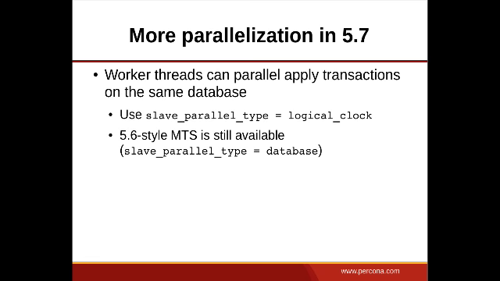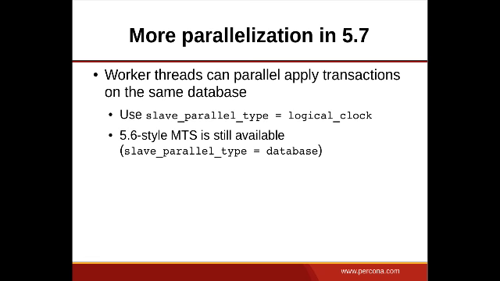The idea is that on the master, we can commit several transactions at the same time, so probably there is a way to also commit the same transactions in parallel, at the same time, on the slave. And this is something that we can do.